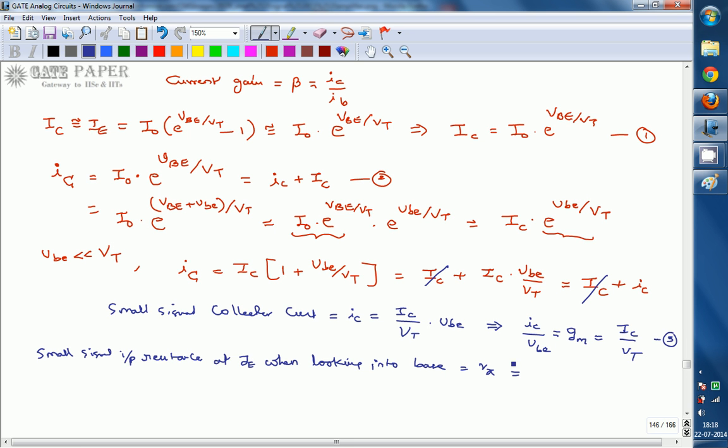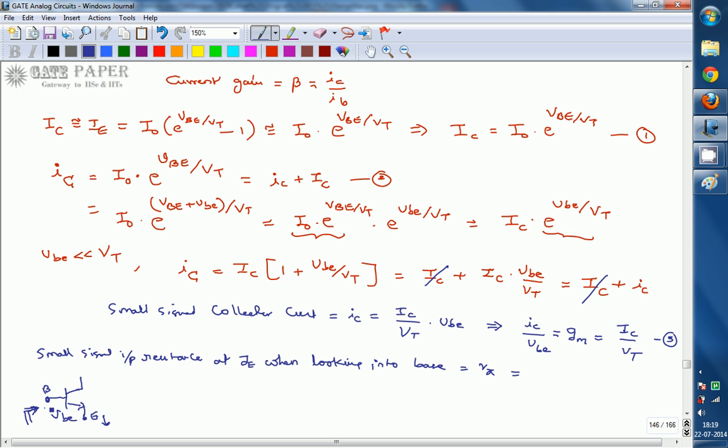R pi is nothing but, okay, you can think in this way. This is the transistor symbol. For this transistor symbol, this is the emitter base junction, base, and it is emitter. The current flowing through this one is IB, and current flowing through this one is IE. So if you are looking from this side, the voltage is going to be the same.